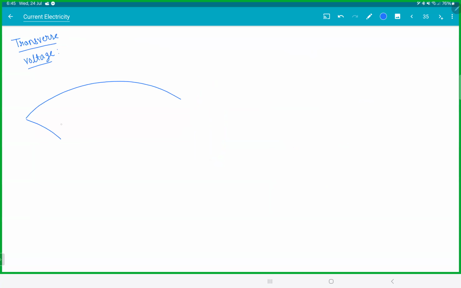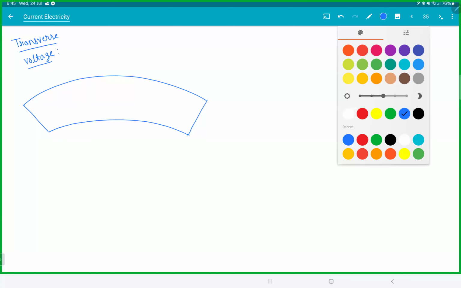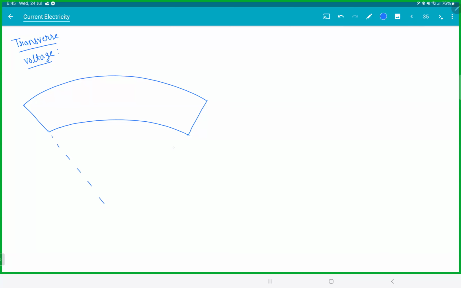So at a distance x, let's take an electron going like this. This electron will experience a centrifugal force, which is m v d square by x. It's very small, the transverse voltage is almost negligible, but it exists. This is a centrifugal force on the electron because of your V drift.